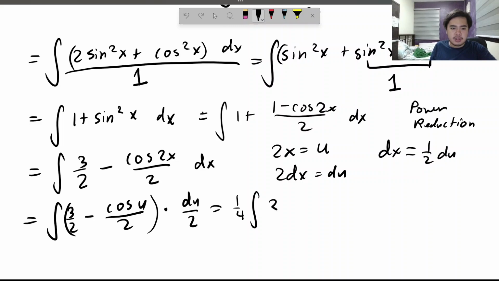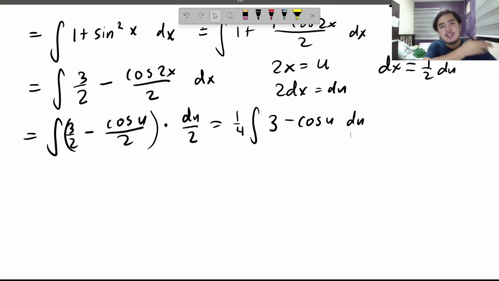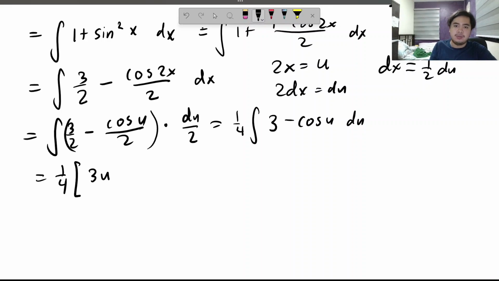And this becomes 3 minus cosine u du. What is the integral of 3? It's just 3u. So we get 1/4, don't forget about 1/4, then 3u minus the integral of cosine u, which is sine u.